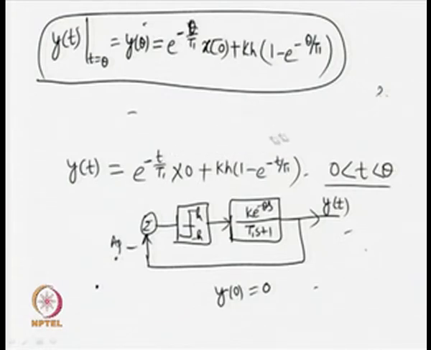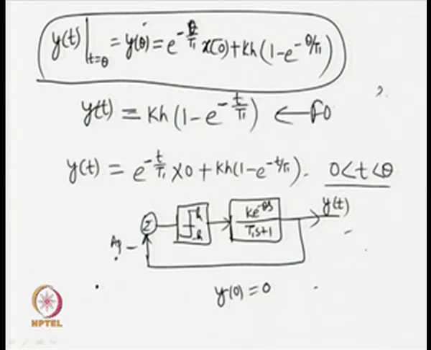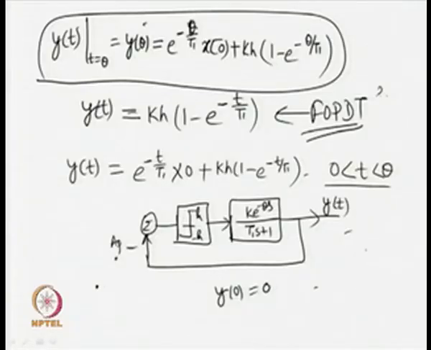Thus I have finally got the expression for the output in the form y(t) is equal to Kh times 1 minus e to the power minus t upon T1, only for a first order plus delay time system. I cannot guarantee this expression for any other order of transfer function model. It can vary from system model to system model. Of course, with the limiting values for T1, K and so on, we can extend this expression to other types of transfer function model.